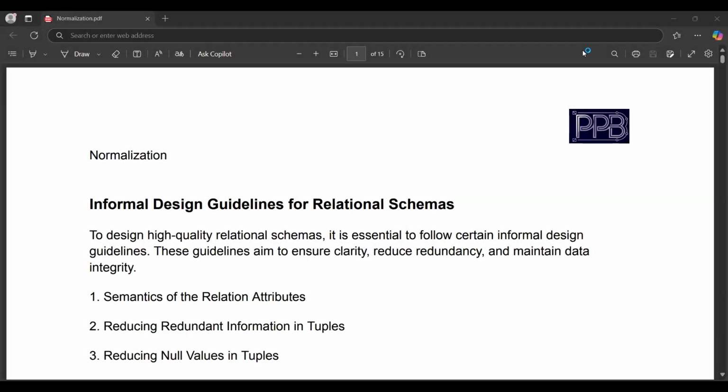Informal design guidelines for relational schemas can be divided into mainly four guidelines. The first one is only one entity type or relationship type per relation.